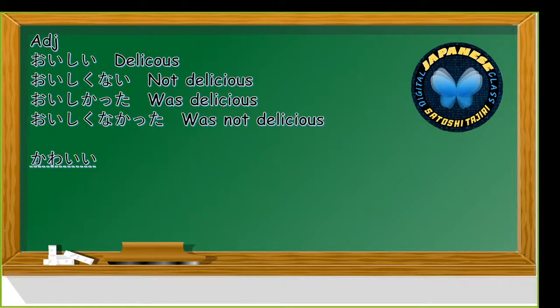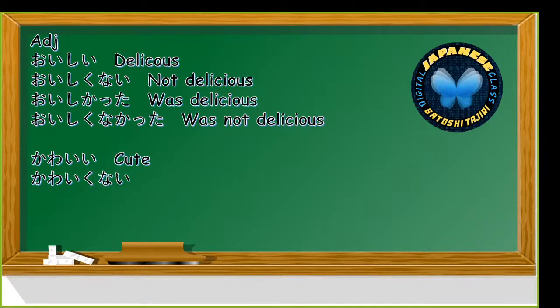How about let's have kawaii? Let's have, it means cute, no? Let's have Emma. Cute. How about not cute? Kawaii, then adding kunai. Kawaiikunai.